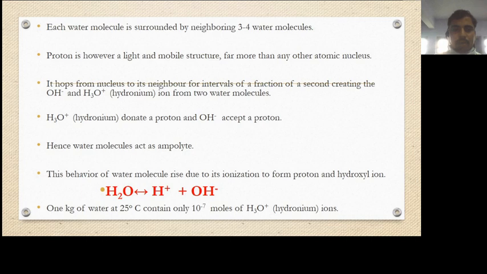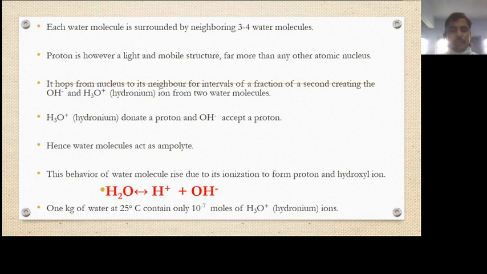It hops from one nucleus to its neighbor for an interval of a fraction of a second, creating OH minus and H3O plus, that is hydronium ion, from two water molecules. The hydronium ion donates a proton and the OH minus ion accepts a proton. Hence, the water molecule acts as an ampholyte.